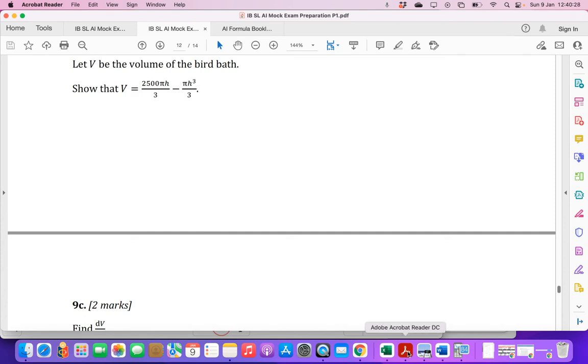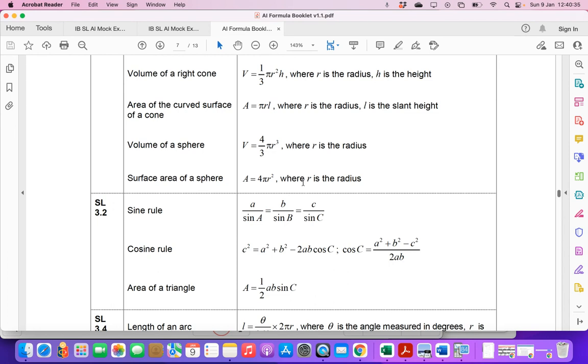The equation is for the volume of a cone, which is 1/3 the volume of a cylinder. So V is equal to 1/3 pi r squared h.